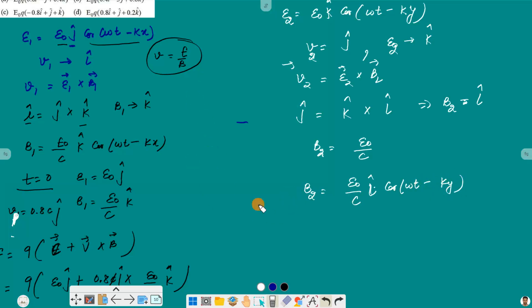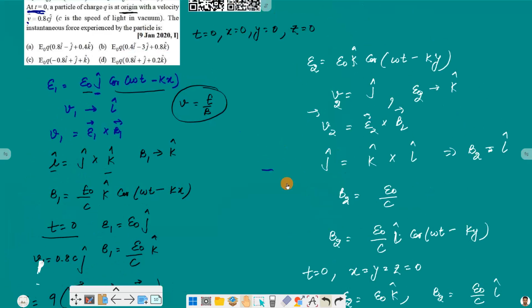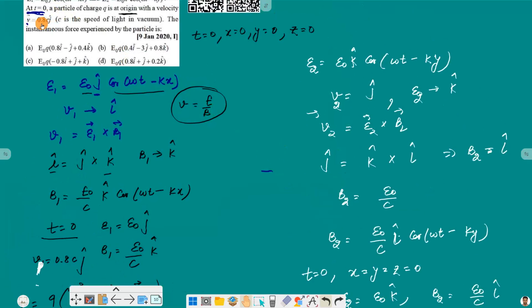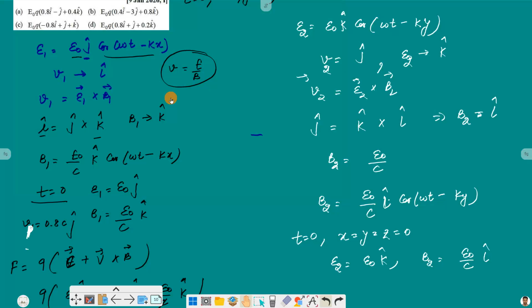Now at the given condition that t is equal to 0, we have x equal to y equal to z equal to 0. So we will get E2 equal to E node of k, and B2 equal to E node by C of I. Now the particle is the same, moving in the y direction with velocity 0.8 c.